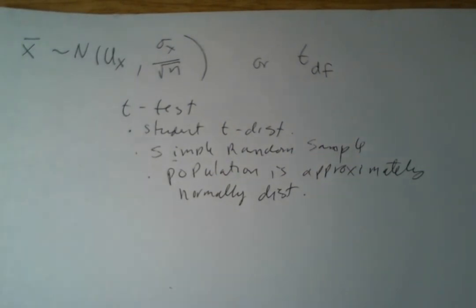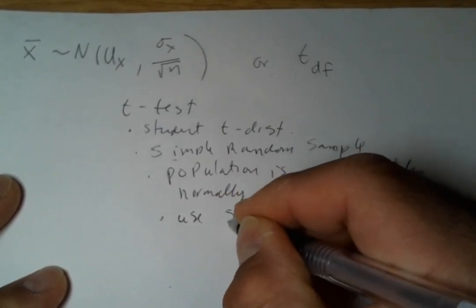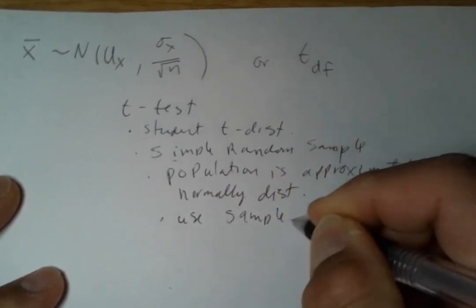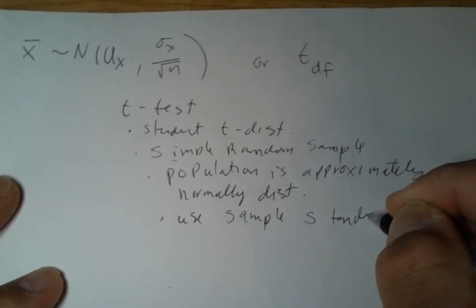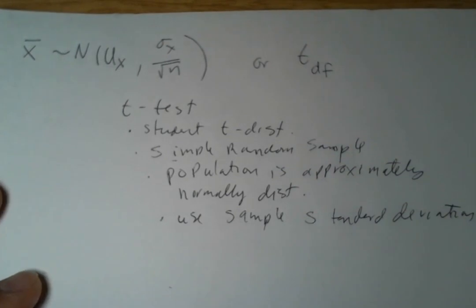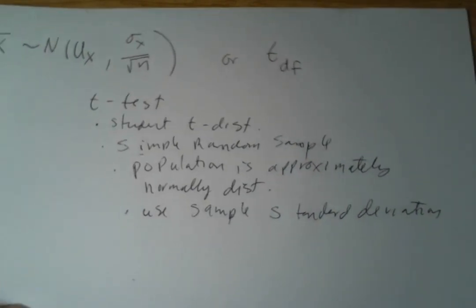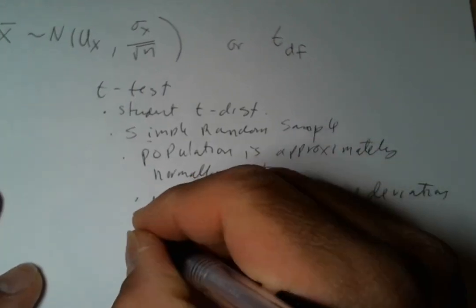Right, and we use the sample standard deviation. Okay, now as always, if n is sufficiently large, then the population does not need to be normally distributed.